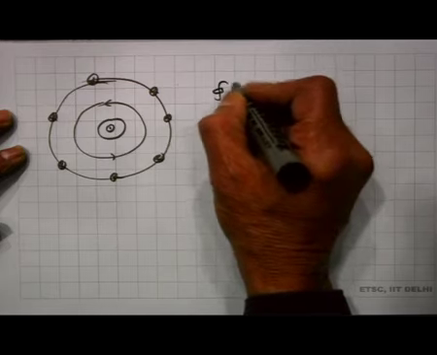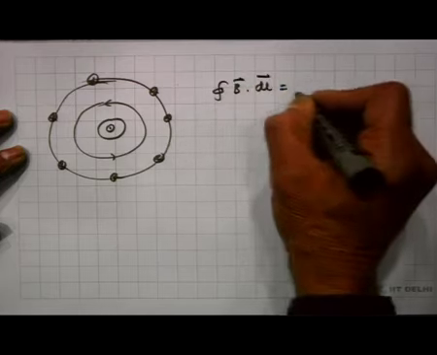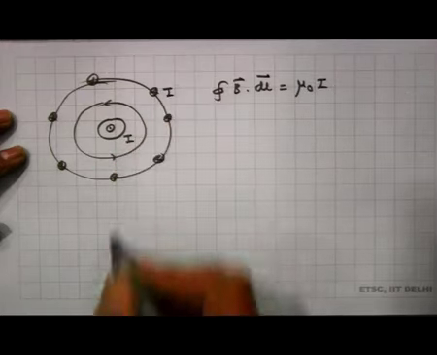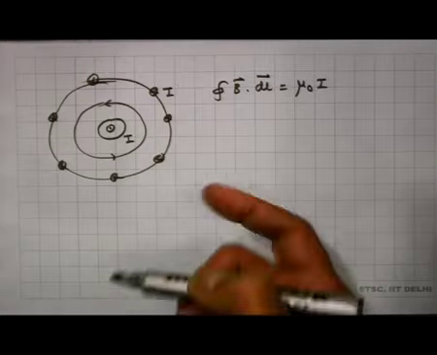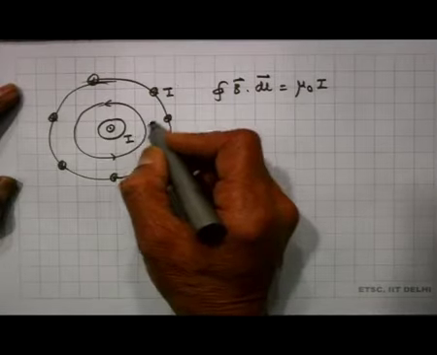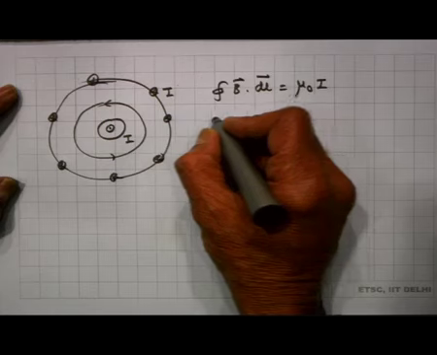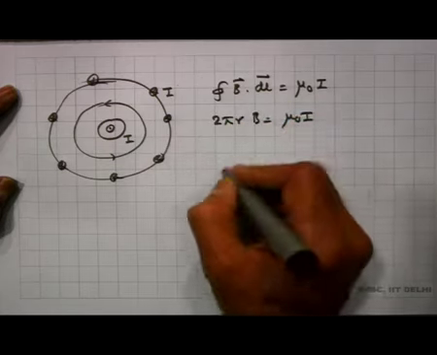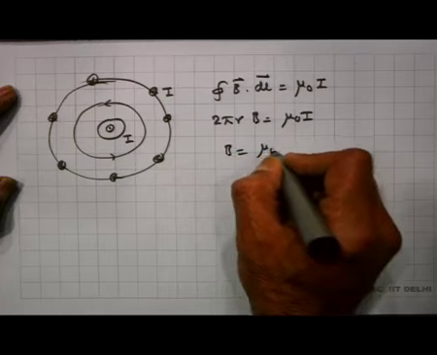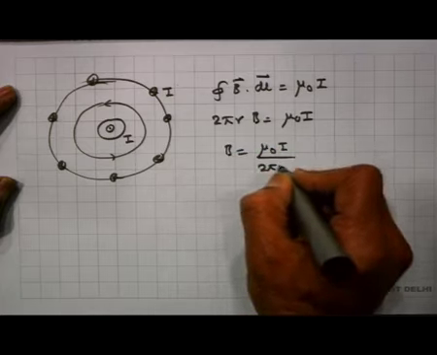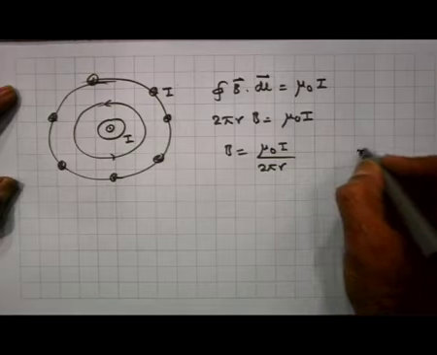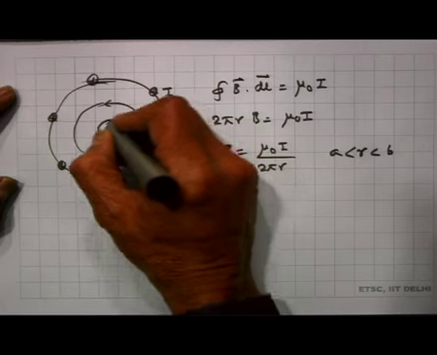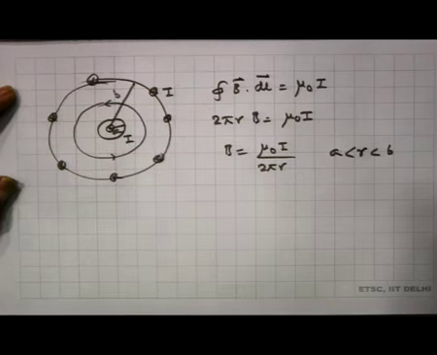So, the integral of B dot dl is nothing but mu naught I, the current carried by the inner conductor. Again, because of symmetry, this is 2 pi r into B, and the magnetic field happens to be mu naught I by 2 pi r. This is for r greater than a and less than b. So, this radius is a, this radius is b.